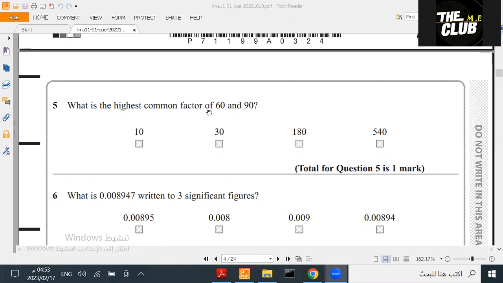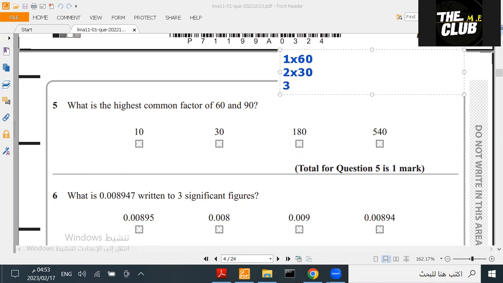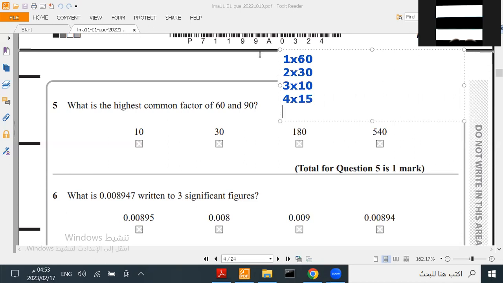To find the factors, let's work on 60. First, we write the factors of 60. 1 times 60, 2 times 30, 3 times 20, 4 times 15. 5 works: 5 times 12.